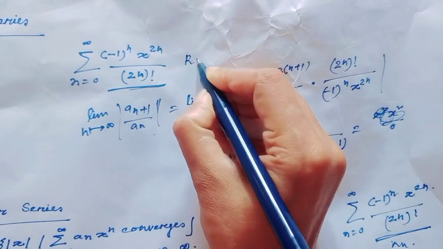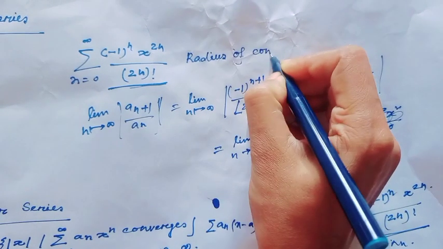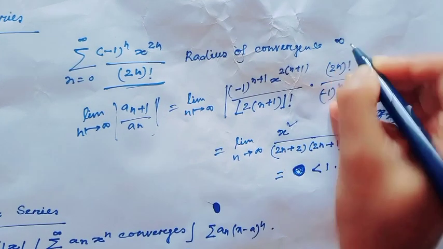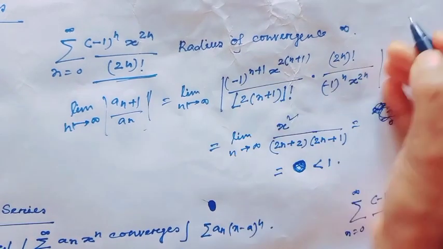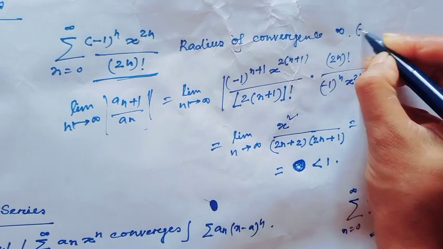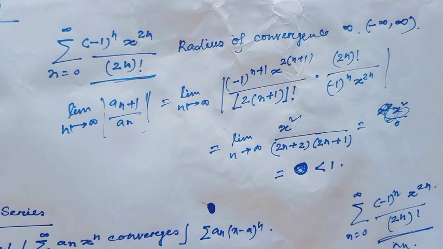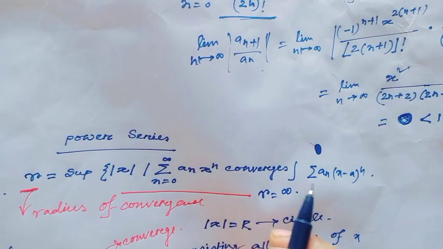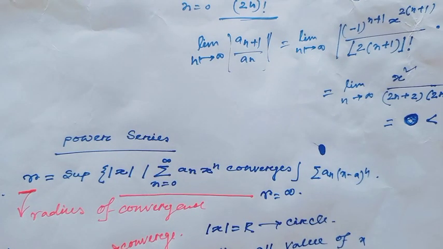Therefore, the radius of convergence is infinity, since for all values of x the series converges. Therefore, the interval of convergence is minus infinity to plus infinity. I hope all my viewers have understood. This set is unbounded, that means the radius of convergence is infinity.